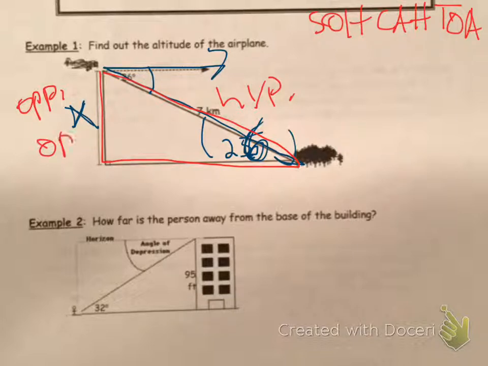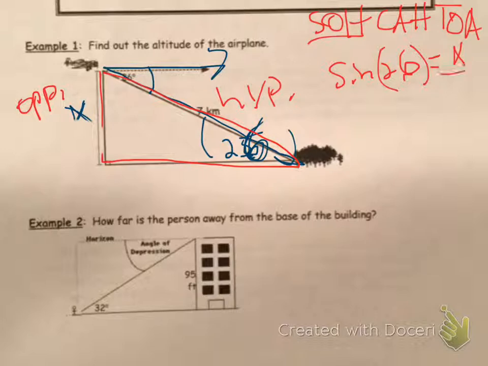X is opposite and that's the hypotenuse. Opposite over hypotenuse is sine. So I go sine of 26 equals opposite over hypotenuse, which is x over 7.